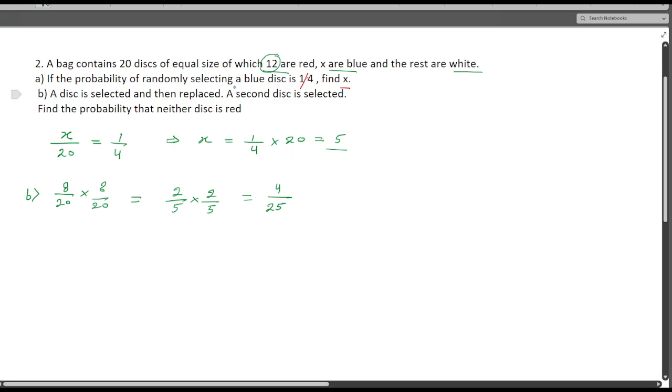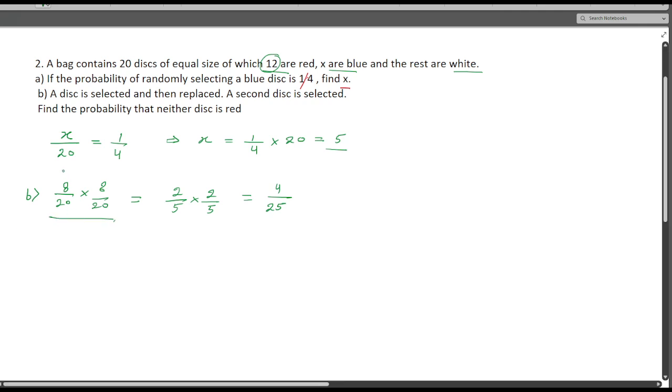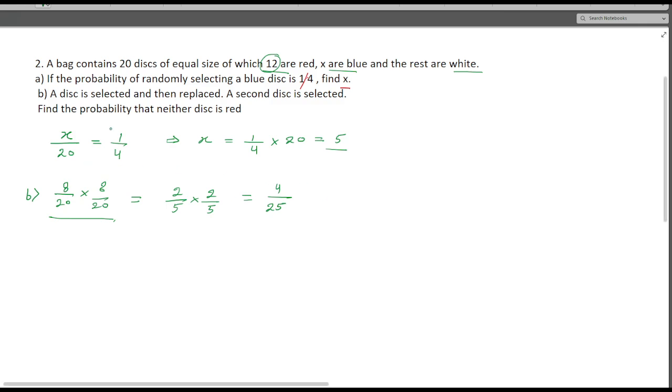Okay, so when you have combined event, I will say that here two events are happening. One is taking first disk and then taking second disk. So when two events are happening one after the other, then their combined probability we can find by multiplying them. Okay, so the possibility that both the disks are not red is 4 divided by 25.